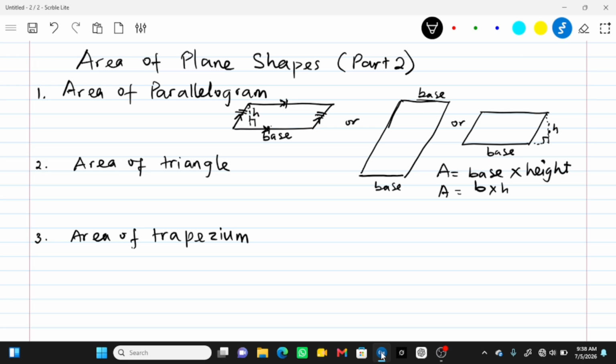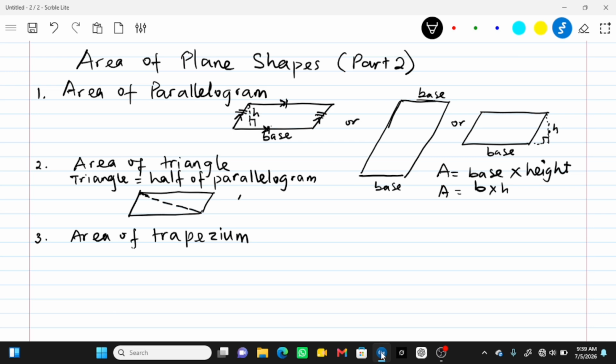Now a triangle is just half of a parallelogram. Meaning if you have a parallelogram this way, and you decide to halve it along the diagonal, this gives a triangle.